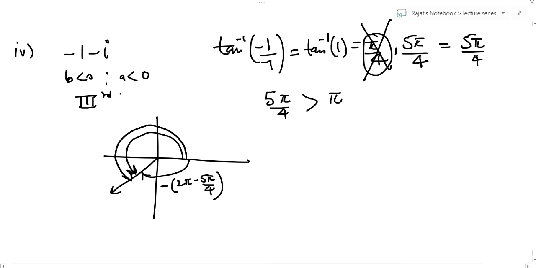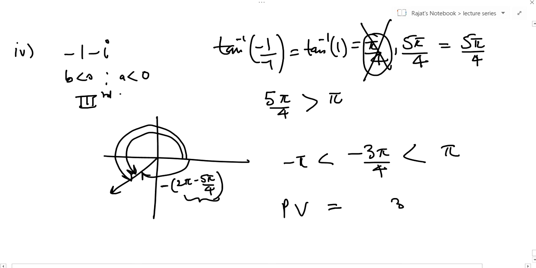So this value will be 2 pi minus 5 pi by 4. So this will be 3 pi by 4, and we are putting a negative sign because we are moving in the clockwise direction. So we will get minus 3 pi by 4. And this lies between pi and minus pi. So the principal value is minus 3 pi by 4.